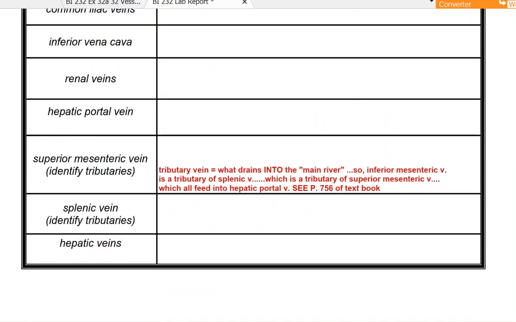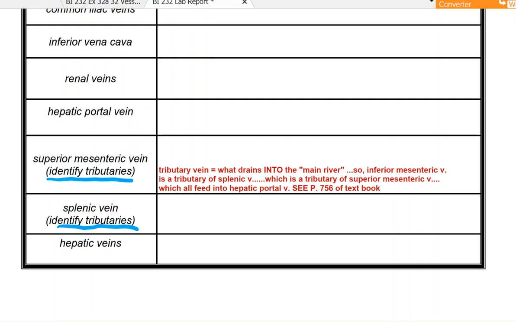On page 8, this is the place where we see those questions about tributaries. I have written out an explanation here for tributaries for the splenic vein and the superior mesenteric vein. A tributary vein is a smaller vein that drains into a bigger vein.